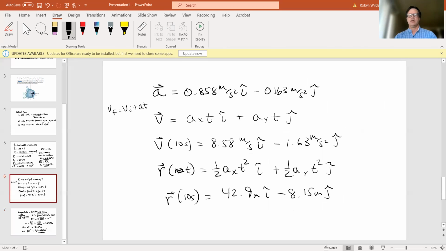If I want the magnitude of the velocity, I just take this squared plus this squared and square root. They are just new vectors, a velocity vector, a position vector, with different sides or different components. It'll turn out if you calculate the angle for all of them, it's always going to be 10.7 degrees below the x-axis.